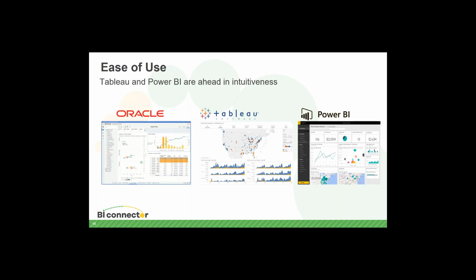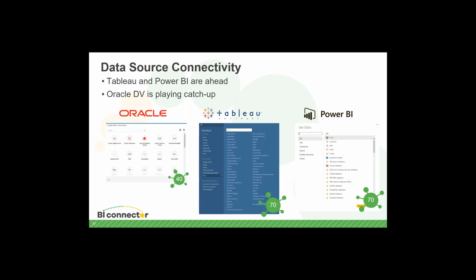An important factor these days is the data source connectivity. As we talked about earlier, you're not connecting to a single data source, but you are connecting to a variety of data sources, Oracle OBIEE being one of them. In the area of data source connectivity, Tableau and Power BI are way ahead of Oracle.